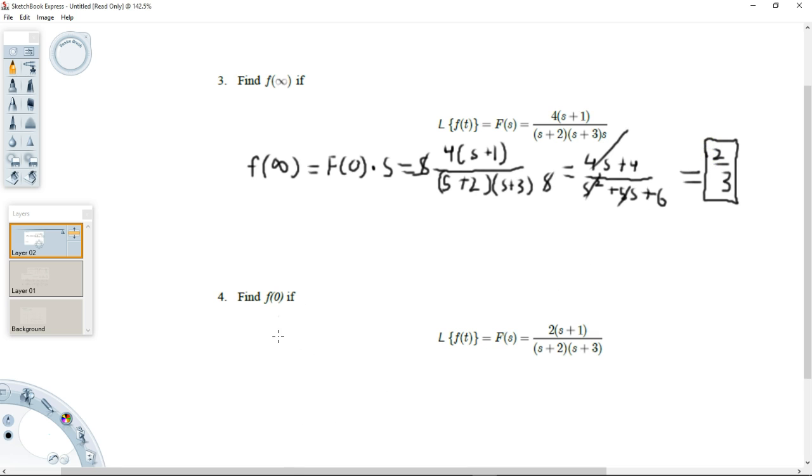For this next problem, the same exact rule applies, except you would do the opposite of f of 0. You do f of infinity. So if you wanted to do that, this is what it would look like.